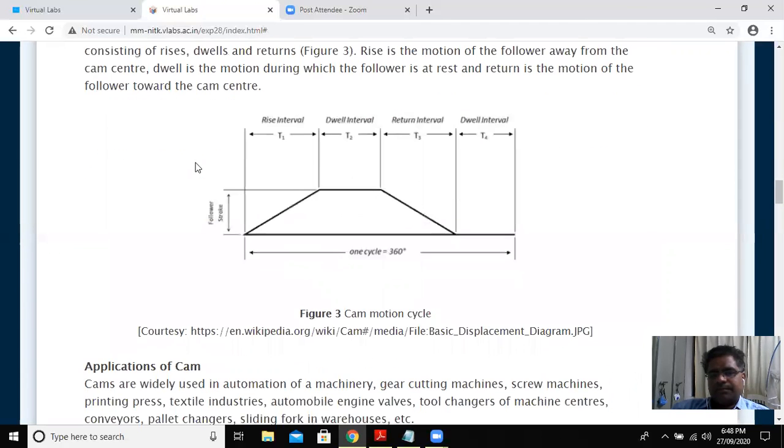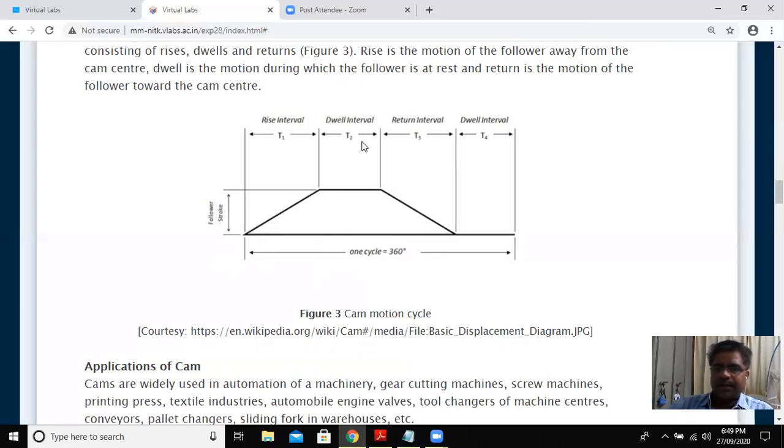Whenever we can see one cycle is 360 degrees. So when I'm rotating the cam by full 360 degrees, I'll be having different types of motions of the follower. Let us say during 90 degrees, the follower is moving in the upward direction.